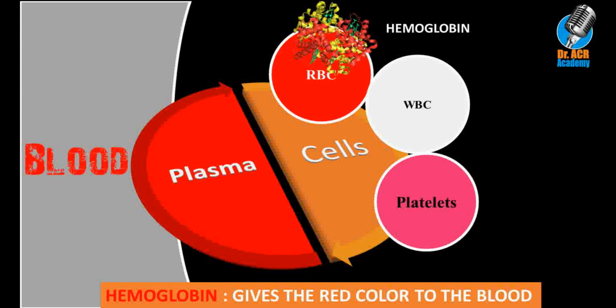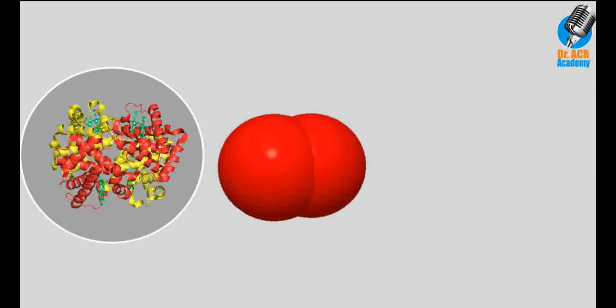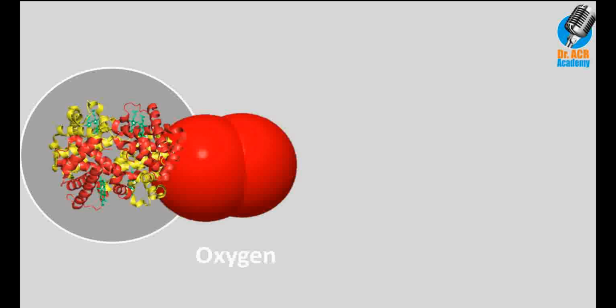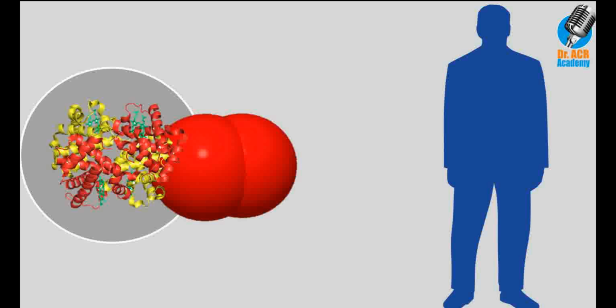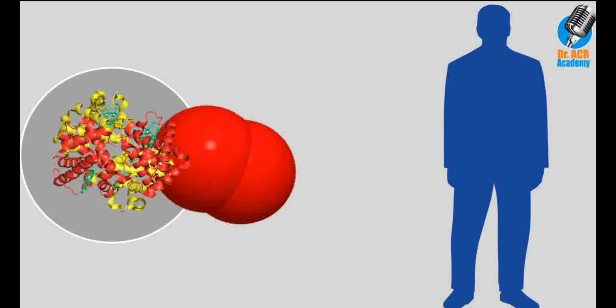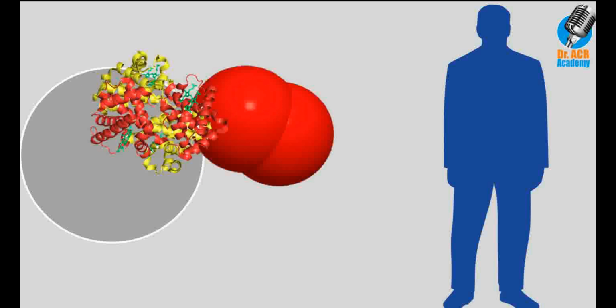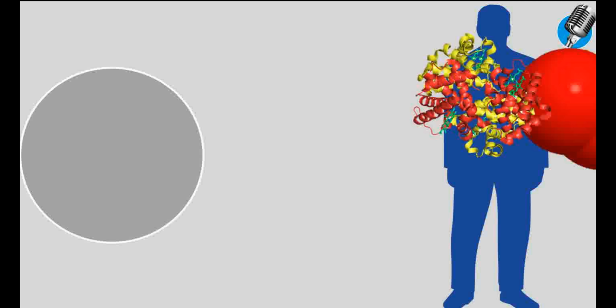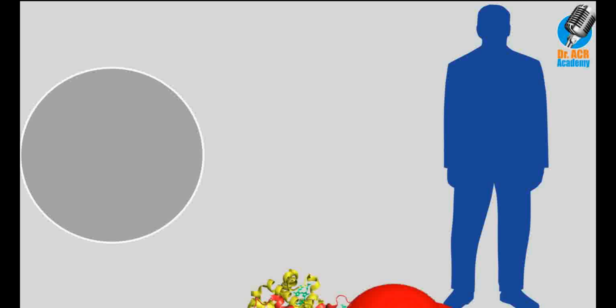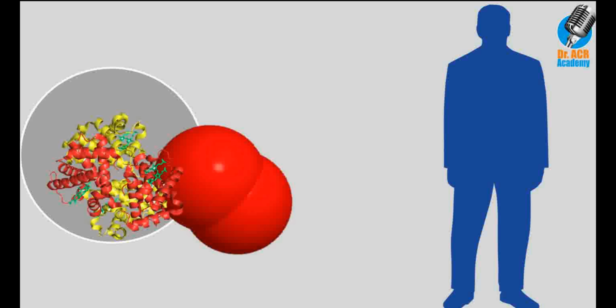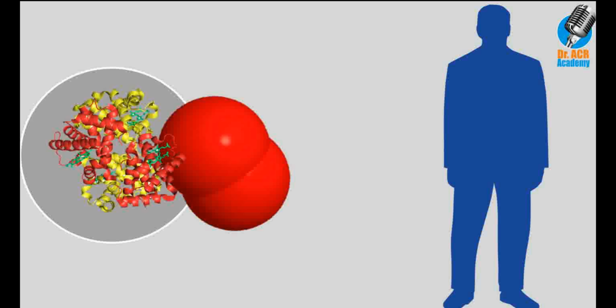Coming to its main function, hemoglobin binds with oxygen at the lungs and carries this oxygen effectively to the cellular level, supplying it to all cells in the body.